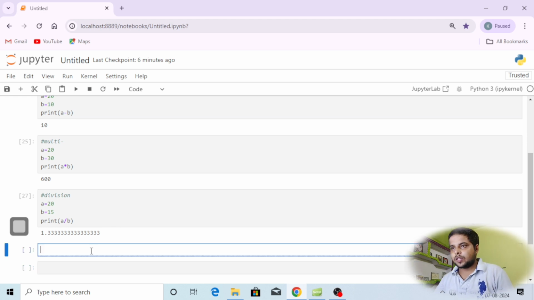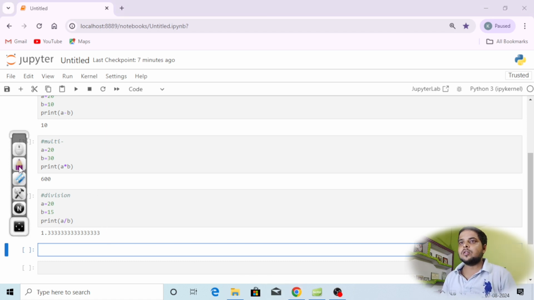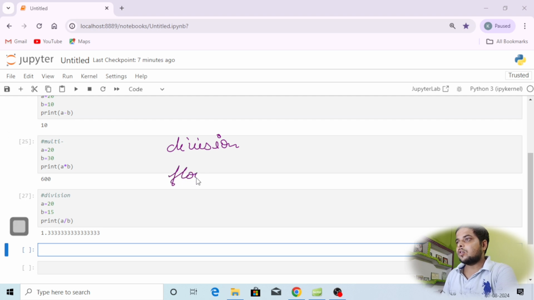Listen carefully. What does division do? There are two operators in arithmetic operators: one is division, and the second is floor division. They are denoted differently. Division gives you the output in float value.